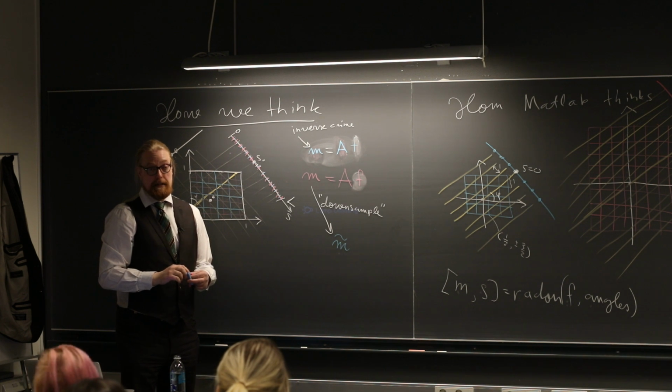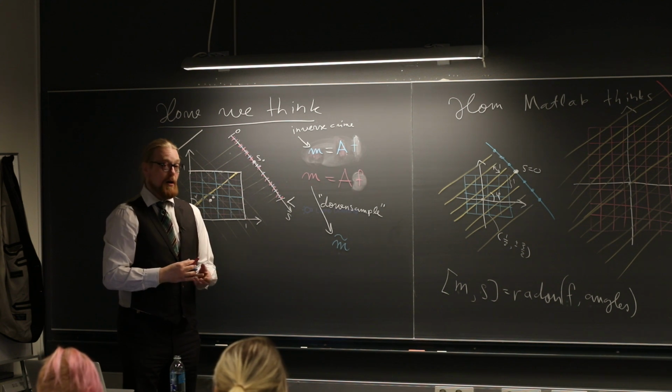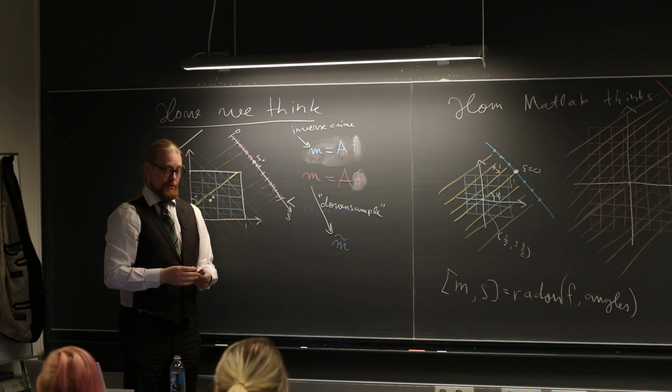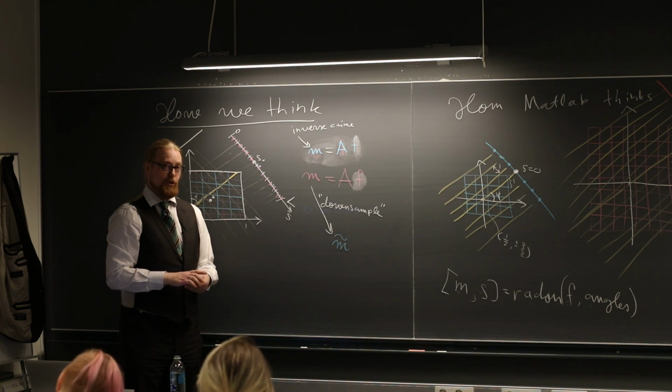Okay, but I just think, if we want to avoid the inverse crime, shouldn't we not do as much? Or if we want to avoid it, how about just taking, what's the opposite of even? Odd.